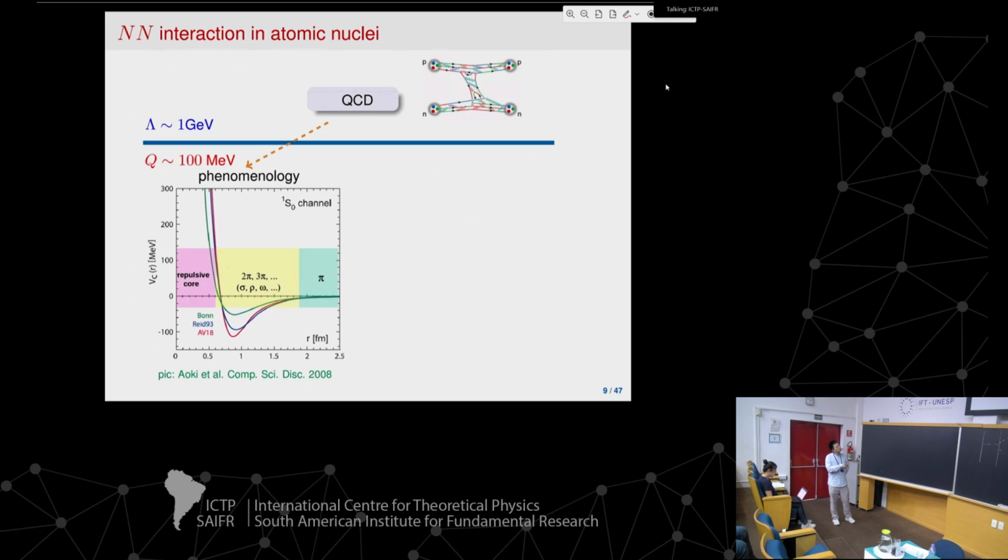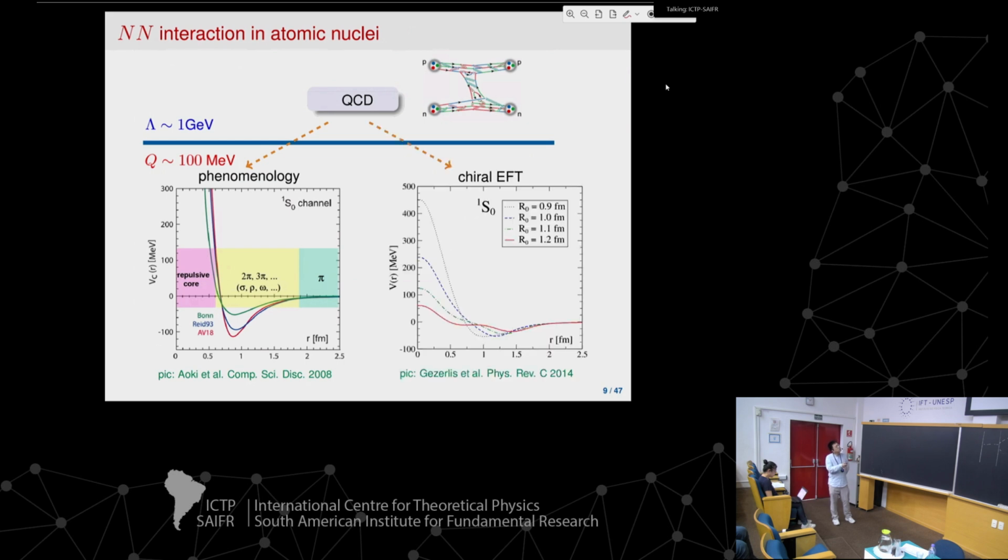But how do we know if those potentials are accurate? Nowadays you can combine these nucleon degrees of freedom and use QCD symmetries to build these chiral potentials. Just to mention that the chiral potential is not just a unique potential, because it has some resolution scale dependence, right?